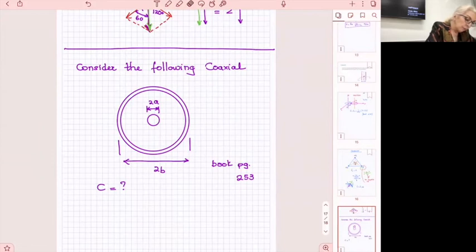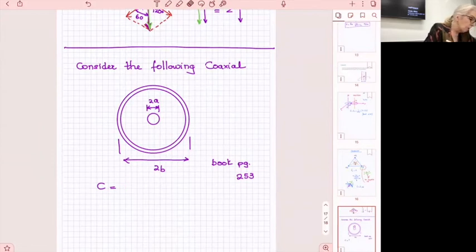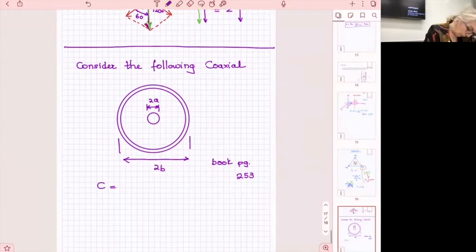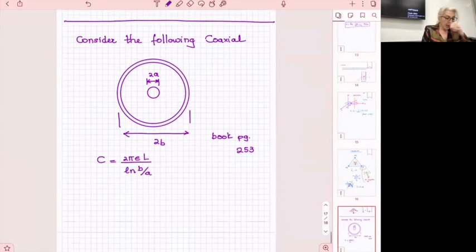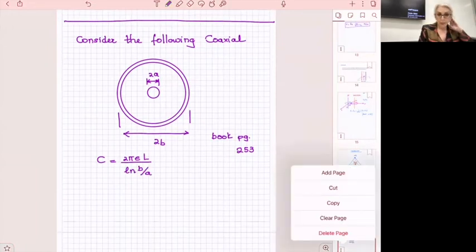It gives you that C is equal to 2 pi epsilon L over the natural logarithm of B over A. Now, this is the total capacitance, all right?